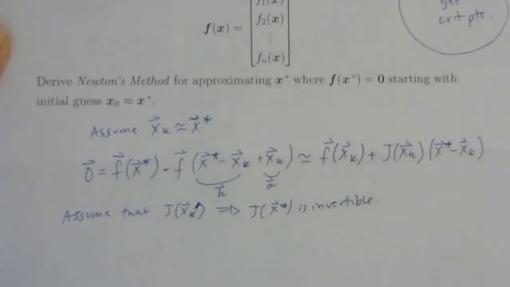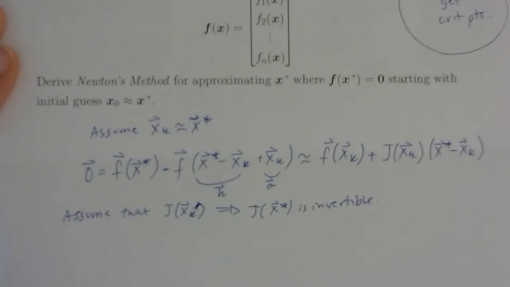So nothing wonky happens with eigenvalues as I zoom into this approximate function, that I don't have eigenvalues that go to 0 and make some problem with the invertibility of this matrix. This is similar to these other assumptions you had to make throughout the lecture, that functions are fairly well behaved. So hopefully you're okay with the assumption that both the Jacobian at xk and x star are invertible.